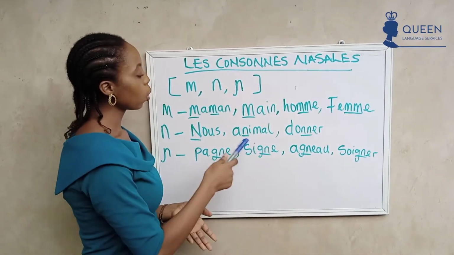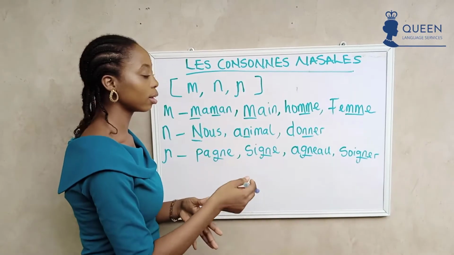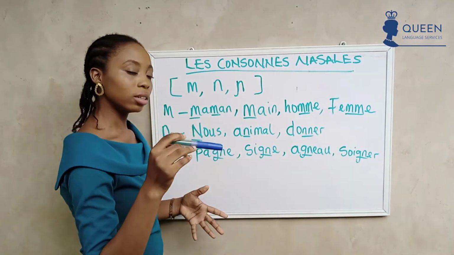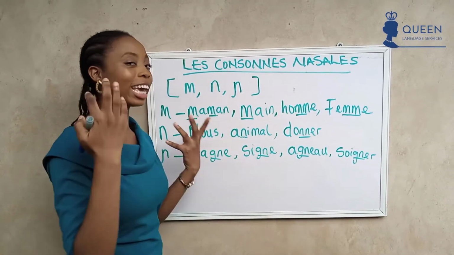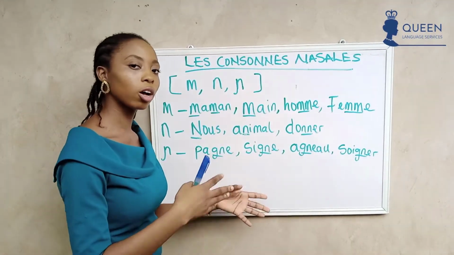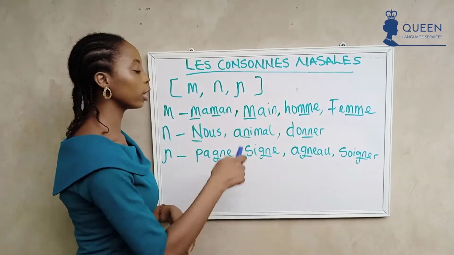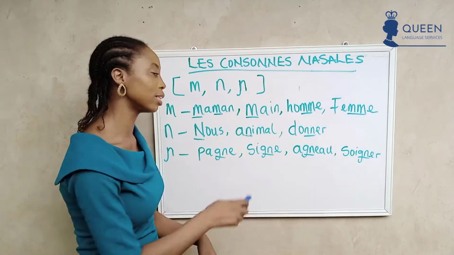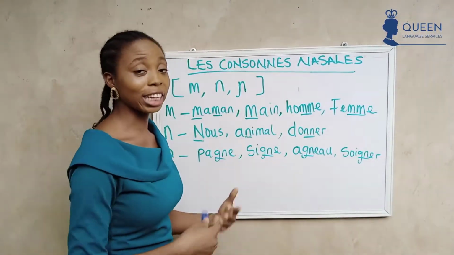We have animal, with the n sound. Hope we can hear it. This is animal in the singular form, but if it is in the plural form, we have animaux. Here we have it in the singular form, which is just like in English.